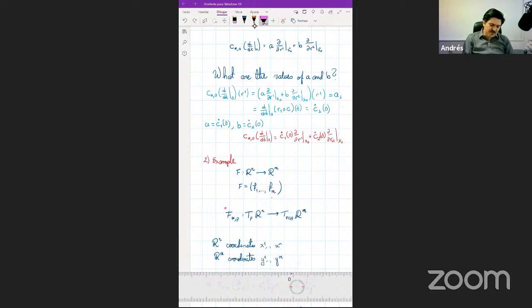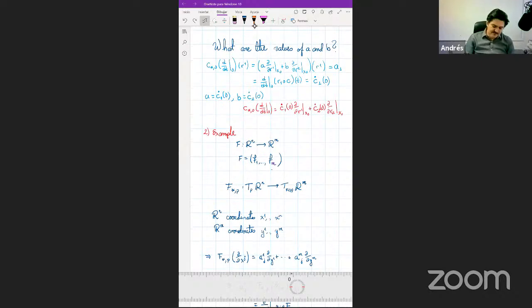So in order to understand this linear map, I'm going to take only a basic vector and compute its image. Because this is part of the basis, right?